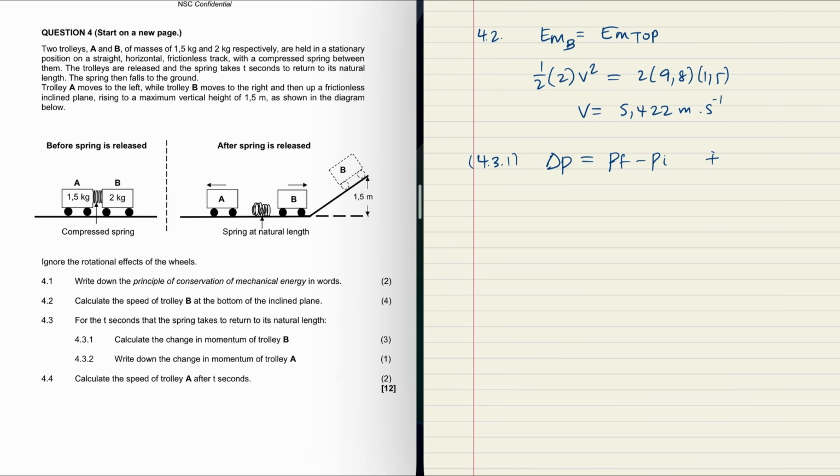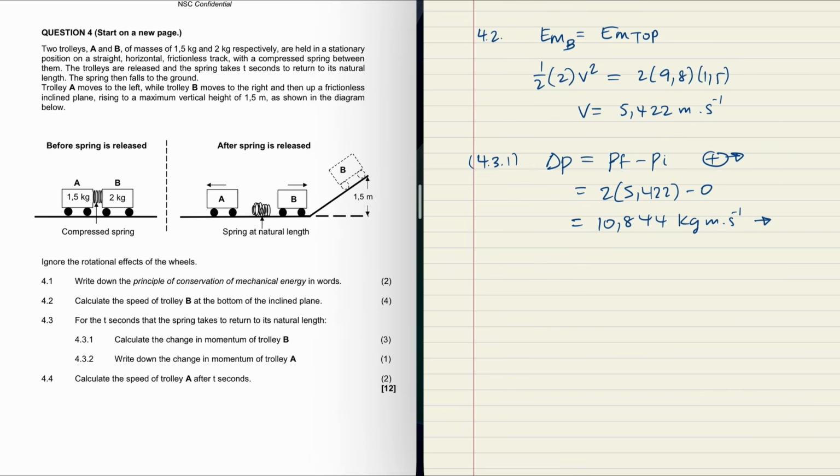I'm going to choose right as positive here. So remember, momentum is mass times velocity. The mass of B is 2. The velocity is 5.422, and then minus 0 because initially it was stationary. So that's going to give me a change in momentum of 10.844 kilograms meters per second to the right.